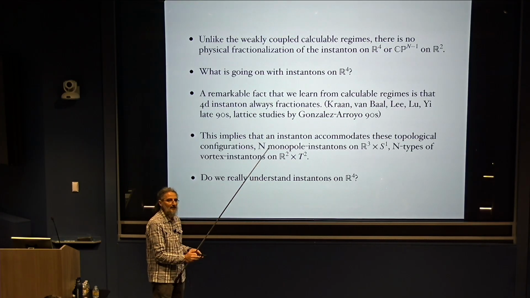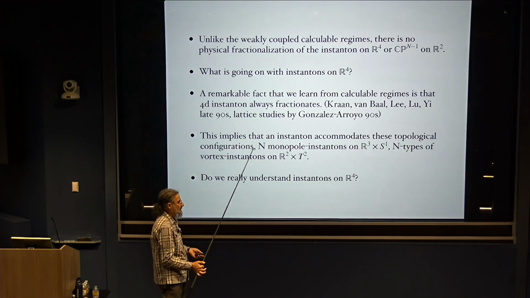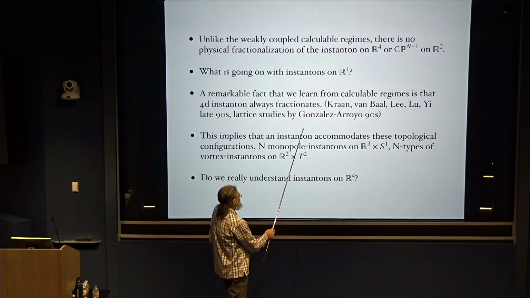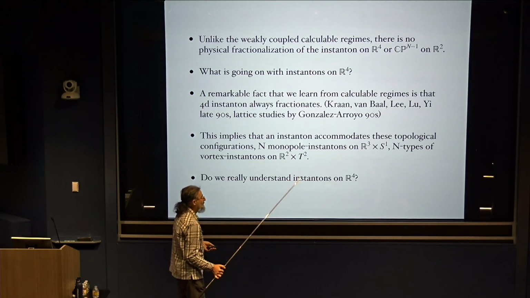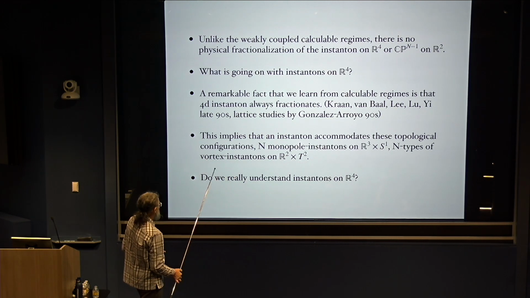They didn't build a semi-classical theory of mass gap or confinement based on them, but they knew fractionalization very clearly, very cleanly. And some similar observations were made by numerical studies by Gonzalez-Arroyo.